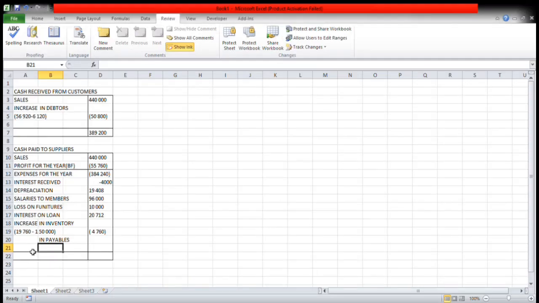I'm going to indicate inside the brackets that I took 36,660, then I less 2,400 to get 34,260.